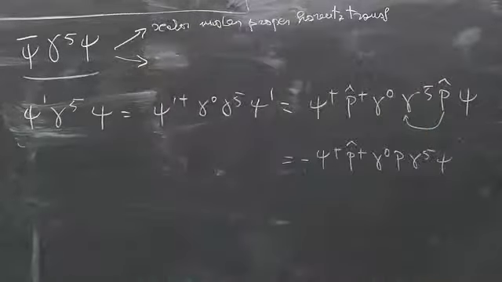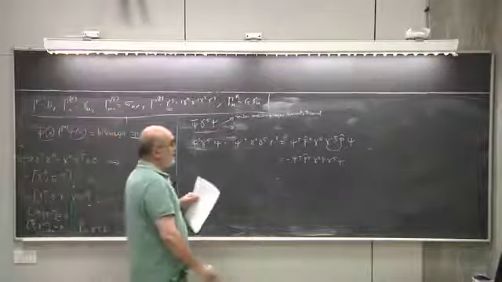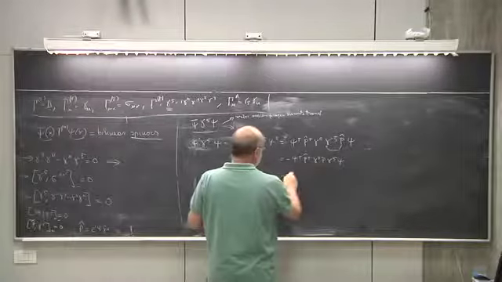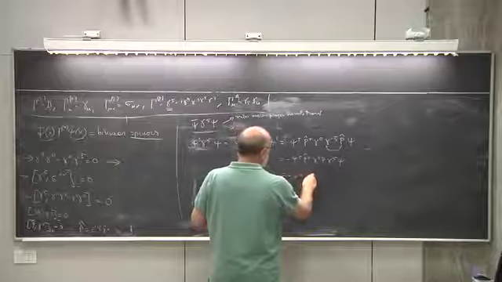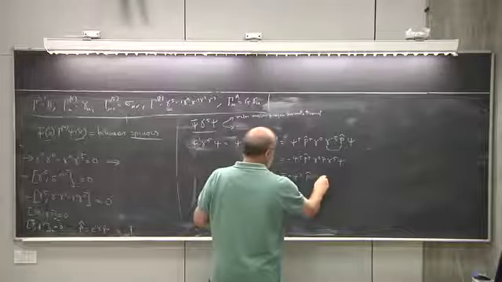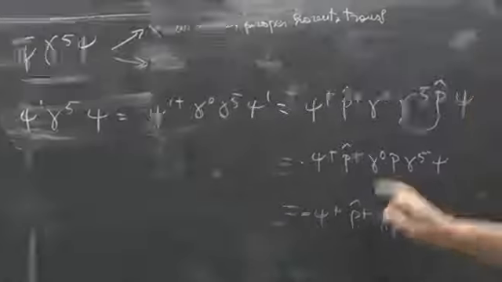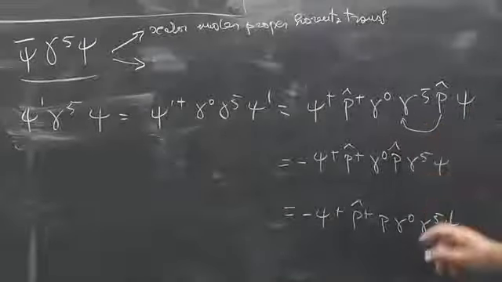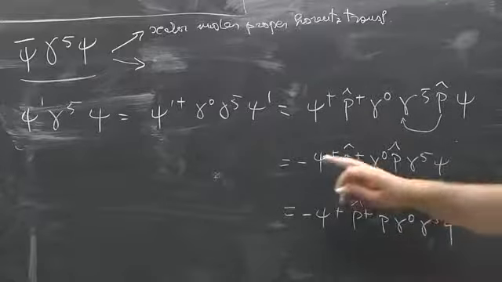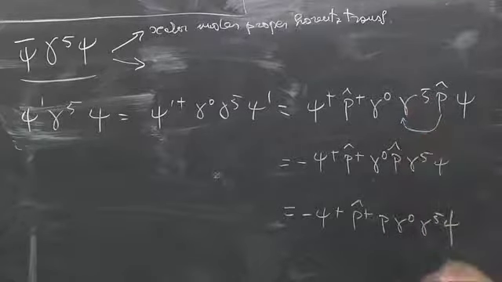Then P and gamma 0 commute, so this is equal to minus psi dag P dag P gamma 0 gamma 5 psi. This minus sign was because these two anti-commute.